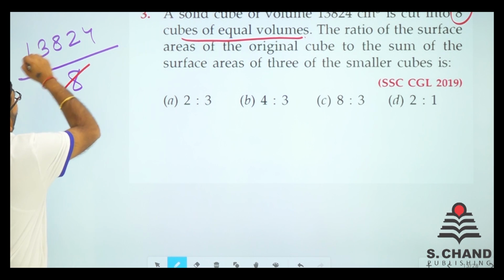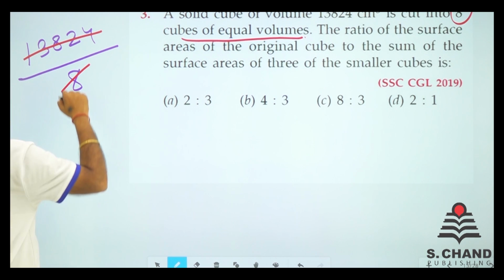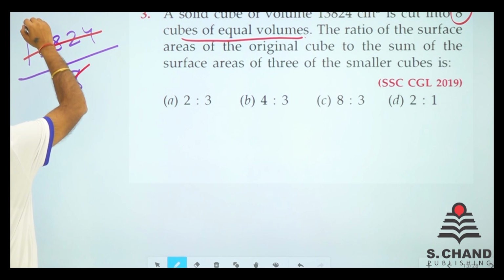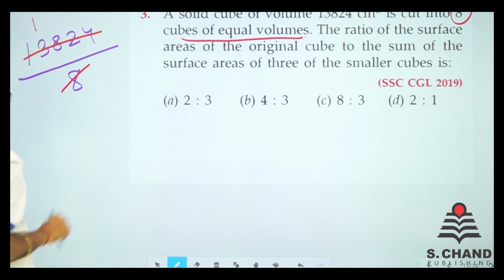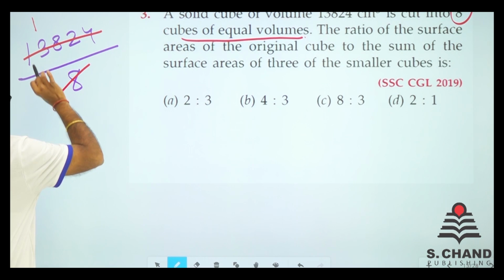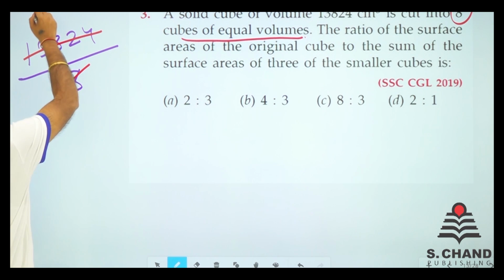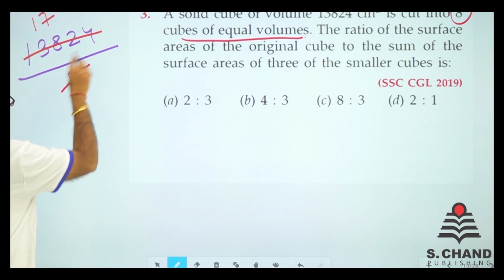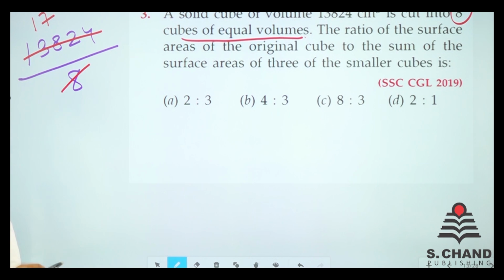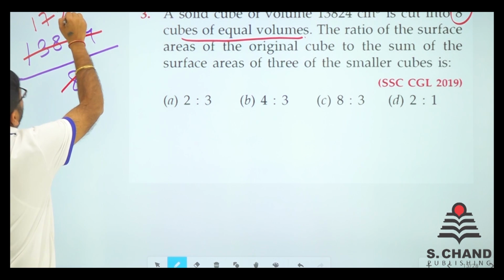So just divide this. 8 ones are 8. Now we have left 5 and 8. 8 sevens are 56. We have got 22. 22 is like 2 times 16.